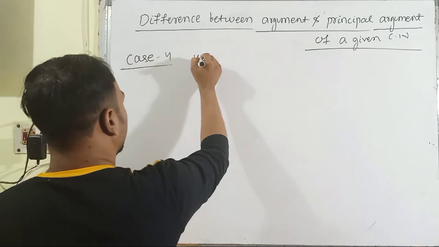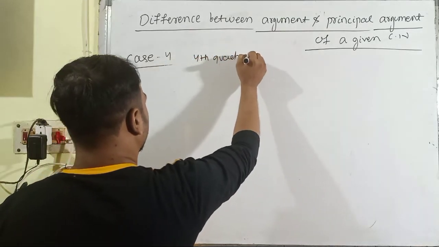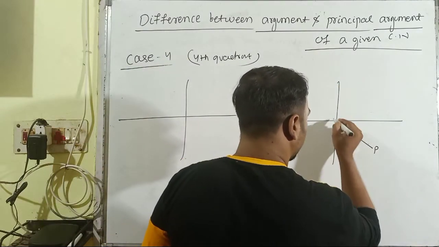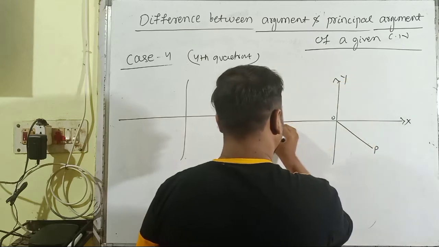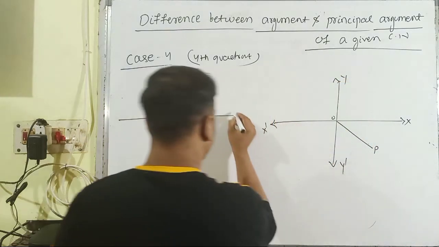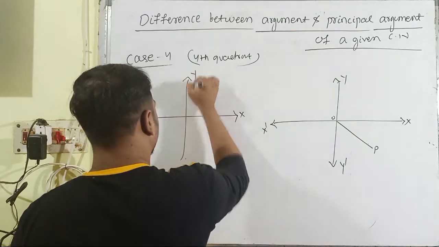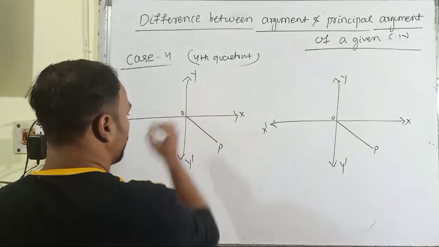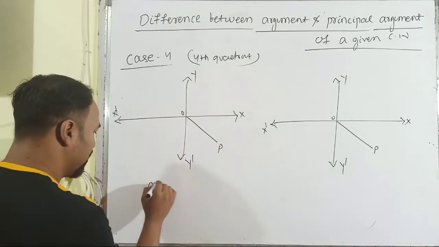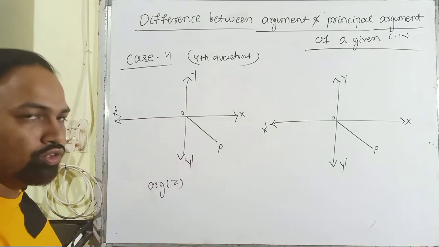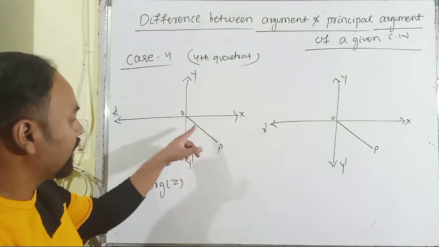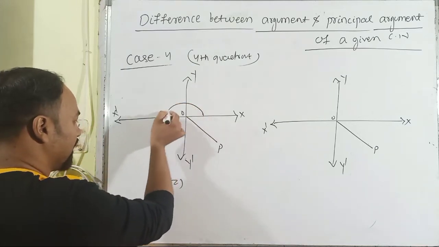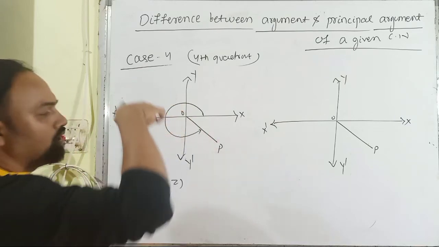it is case 4. If the point lies in the fourth quadrant, then for the argument of z, we have to find the rotation or angle made by the line OP with respect to the positive direction of the x-axis, measured in anti-clockwise direction.